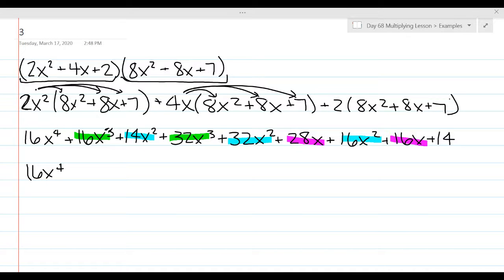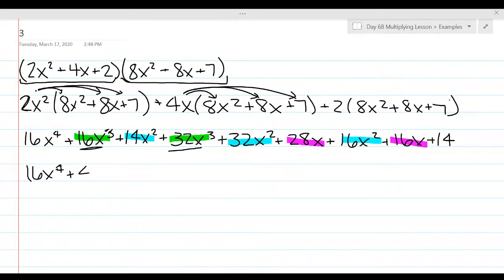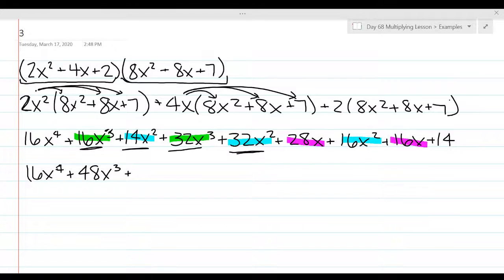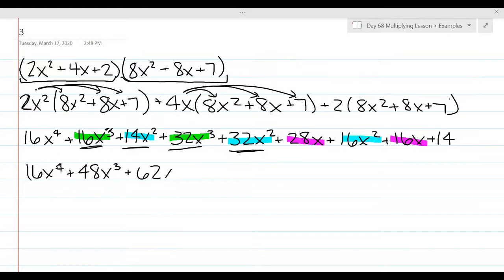Okay, so first we're going to do our greens. So we got 16 plus 32, which is 48. And the x cubed just stays. And then we have 14 plus 32, which is 46. Plus 16 more is going to give us 62 x squared.